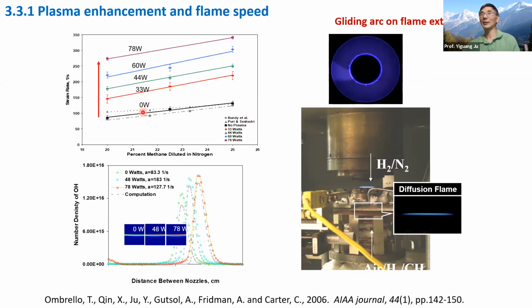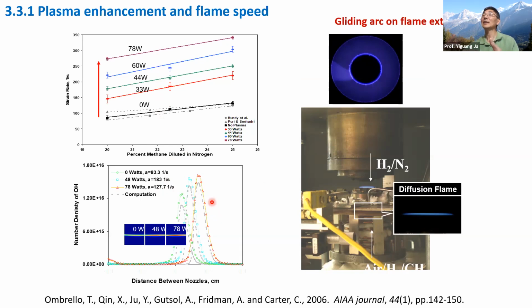With this result, I got Air Force funding, but the result is really disappointing when you measure the OH concentration by comparing plasma activation towards heating only. If you do heating to the same flame temperature as with this plasma power, the OH concentration is the same. What does it mean?